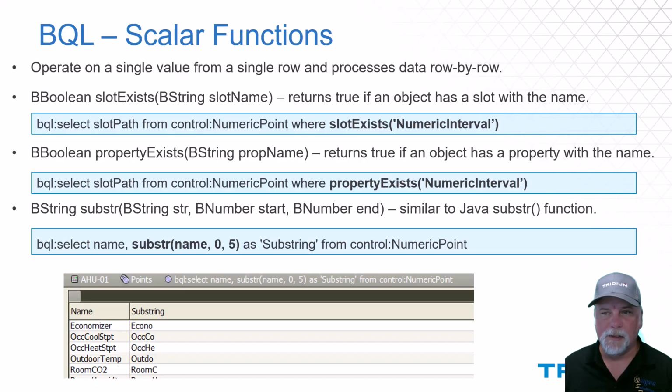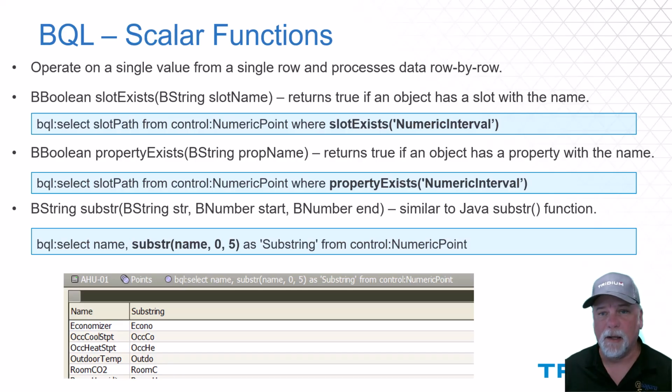The scalar functions that exist in the core BQL: there's a slot exists, which takes a parameter, which is a string. That's going to be the name of the slot that we want to search for. And also a property exists method that also takes a single quoted string as well. All properties are slots, but all slots are not properties.